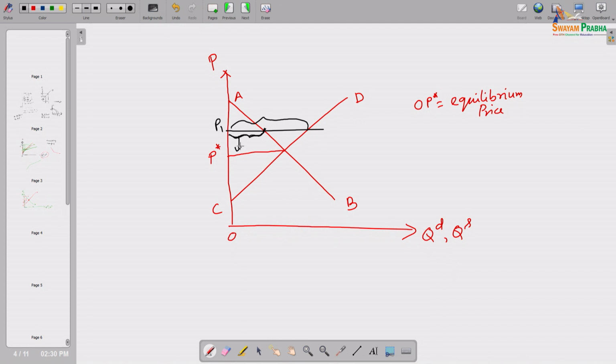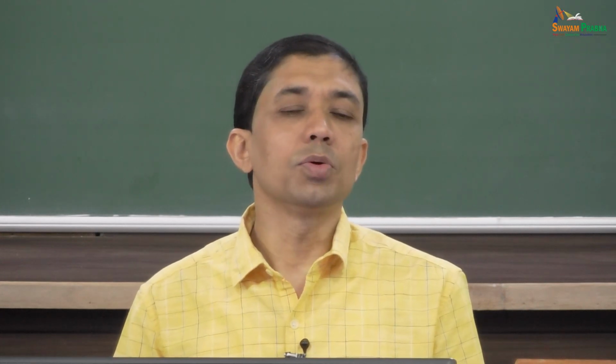So, natural market forces will make the price come down, because a lot of quantity is available but not enough customers to purchase it. Sellers will try to reduce the price a little, and customers will not be willing to pay that much. As a result, price will have a tendency to come down.